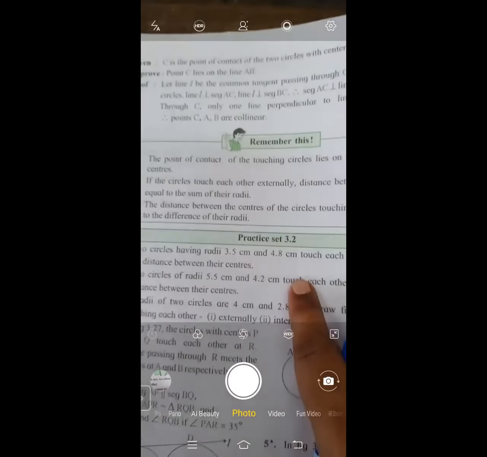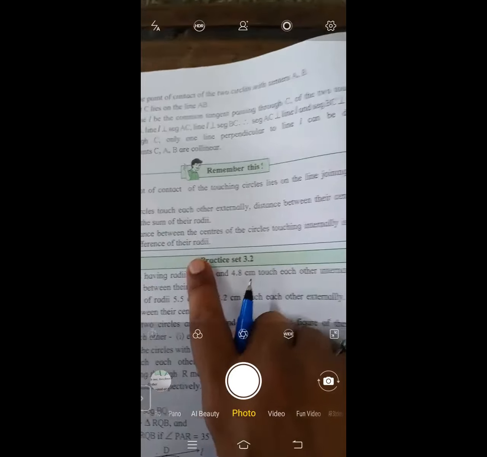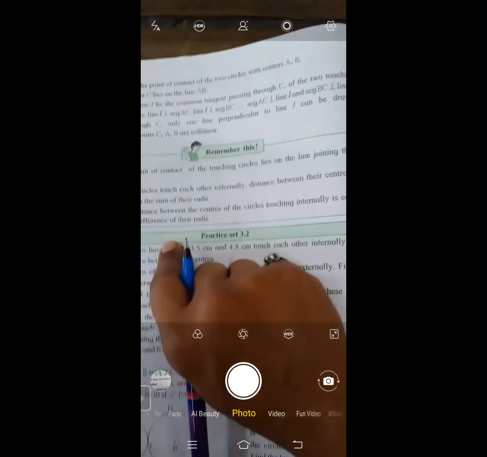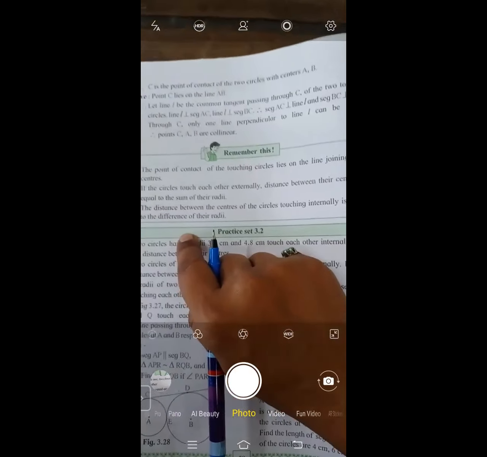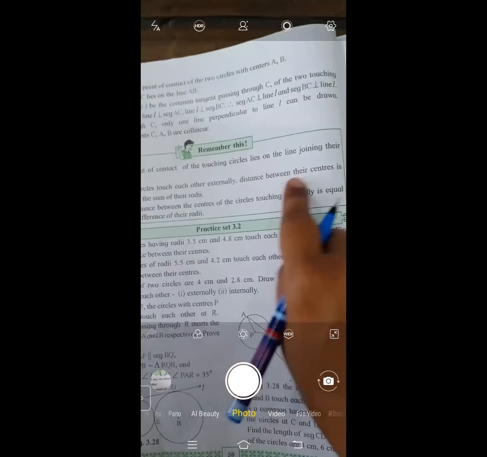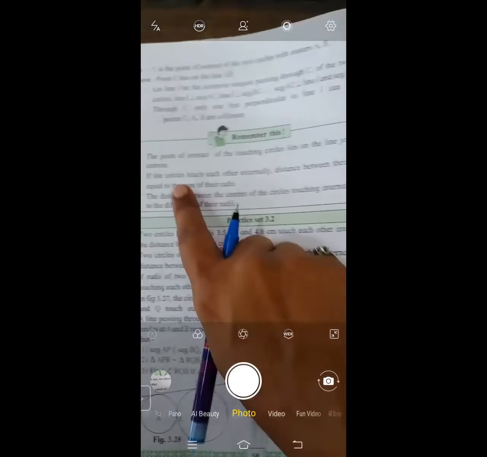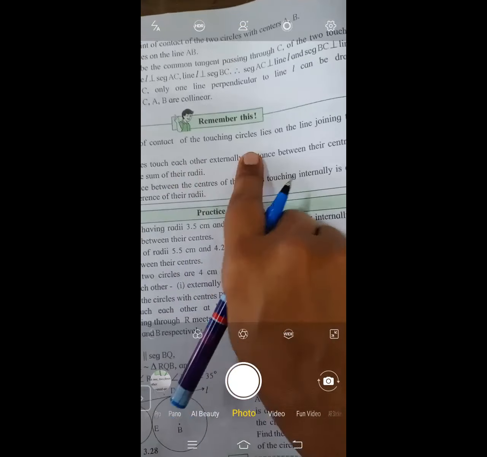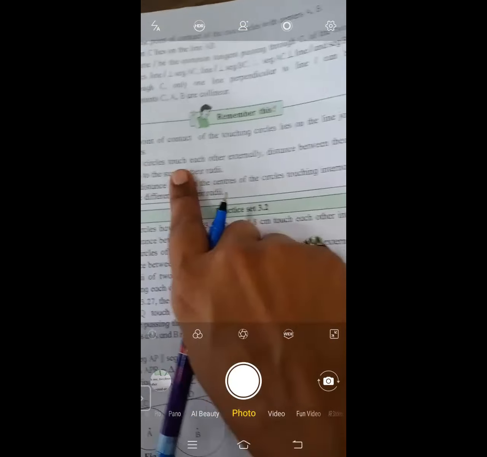Now, what all things to remember? These are all important so that you will be able to solve all the problems. First, the point of contact of the touching circles lies on the line joining their centers.